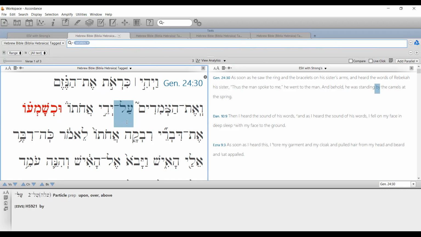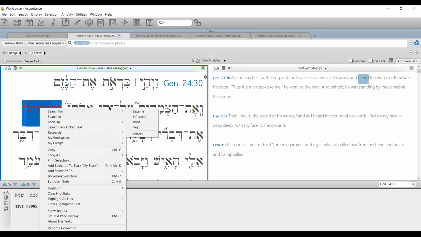Just on the basic search, what is the difference between lexeme, inflected, root, and letters? Okay, so inflected means that it will search for this morphological form. For example, if it is infinitive construct, it is supposed to search for infinitive construct. If it is root, it is supposed to look for the root. For example, this is Shama.